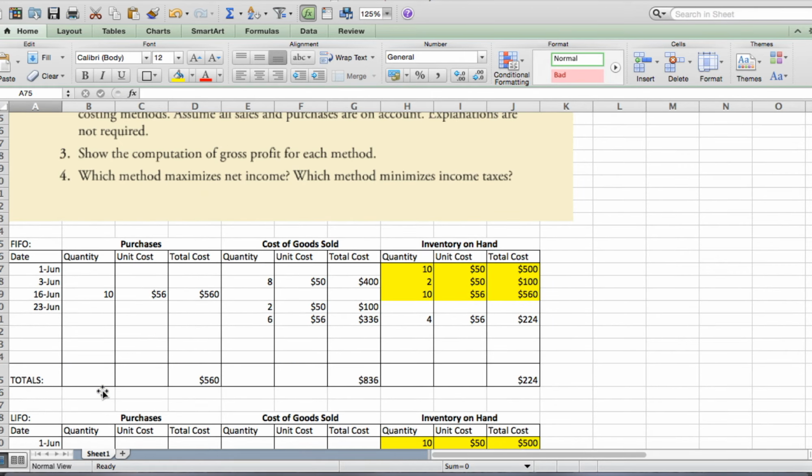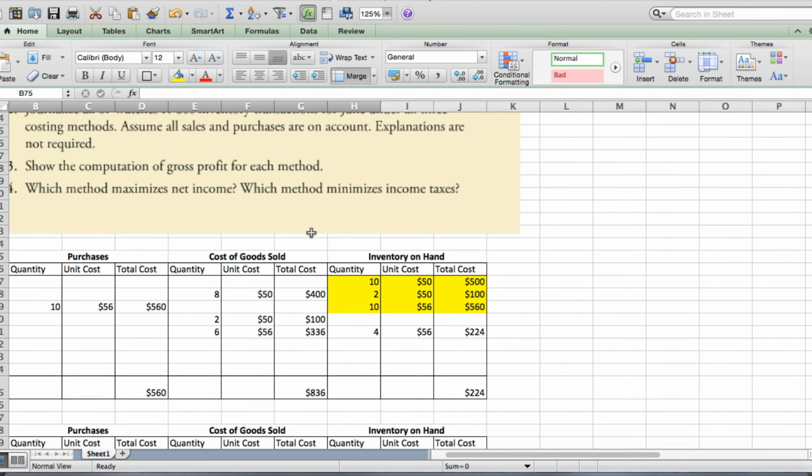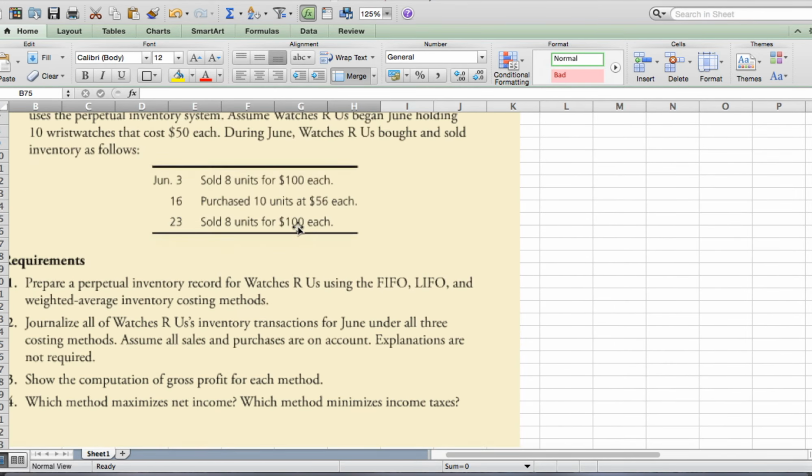First transaction in the month of June happens on June 3rd. And that is this sale for 8 units. The question tells us up here that both times we make sales, they're for $100 each.